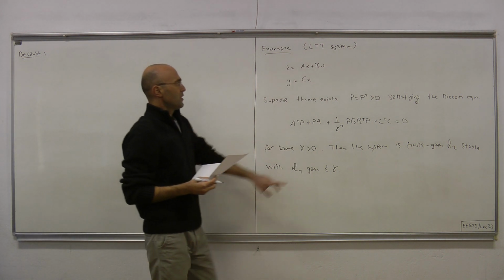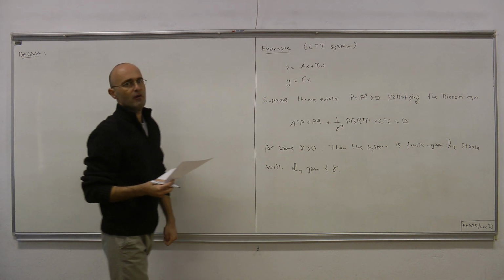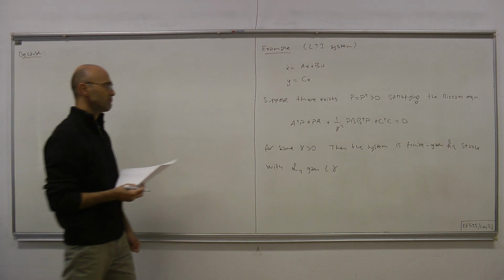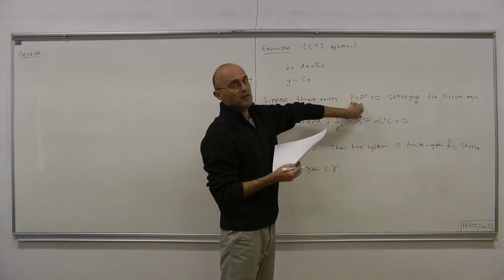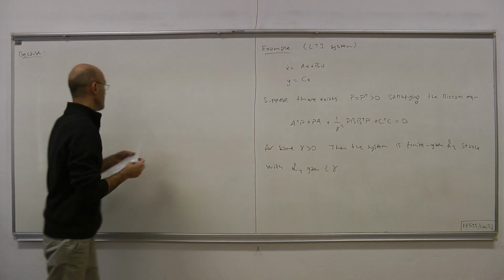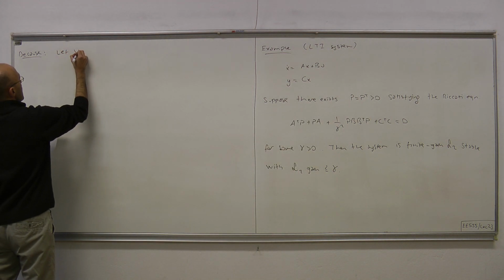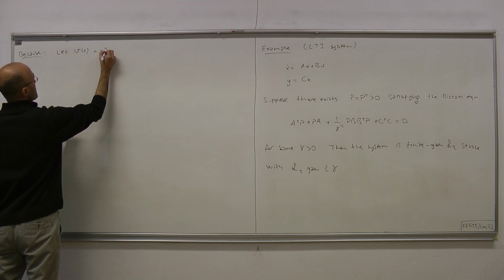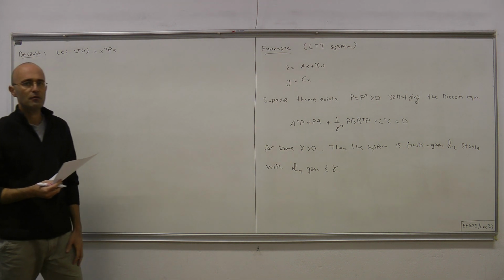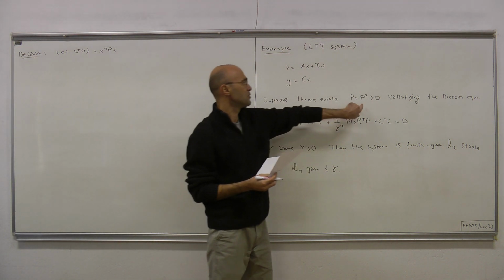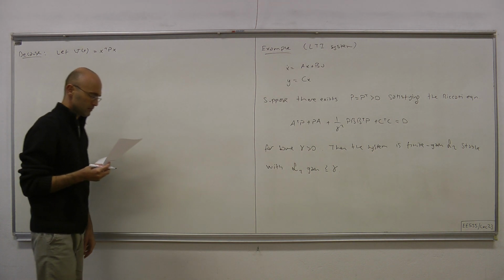What we're going to do is use a Lyapunov function, of course, a positive definite function. We're going to construct that function using P. So let V of x be x transpose Px, a positive definite function of the state, because P is a symmetric positive definite matrix.